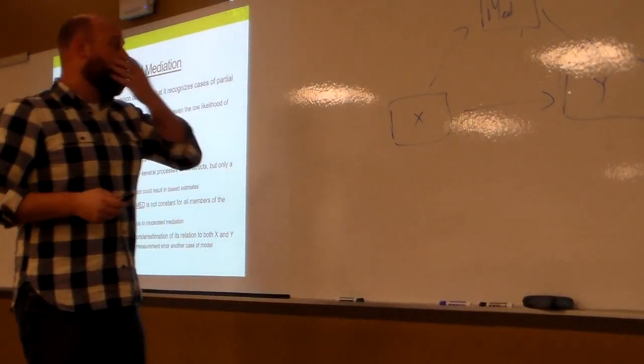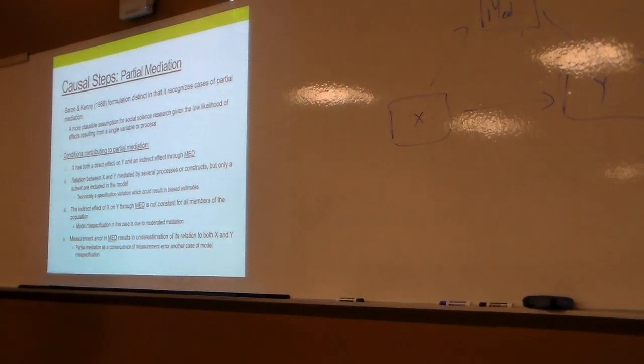What I'm saying is that in partial mediation, part of X is driving this mediator, and that mediator is then driving variability in Y. But X alone might also have a causal influence on Y in and of itself, right? So we've got a complex situation where X has both a direct effect and an indirect effect through the mediator, right?